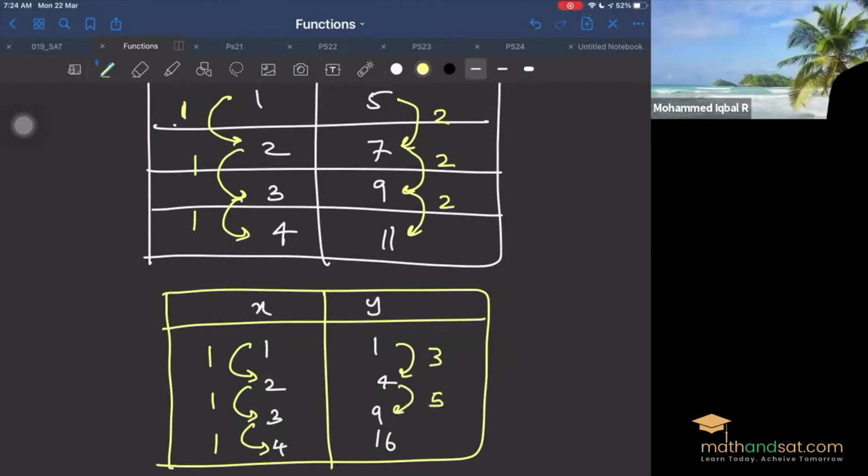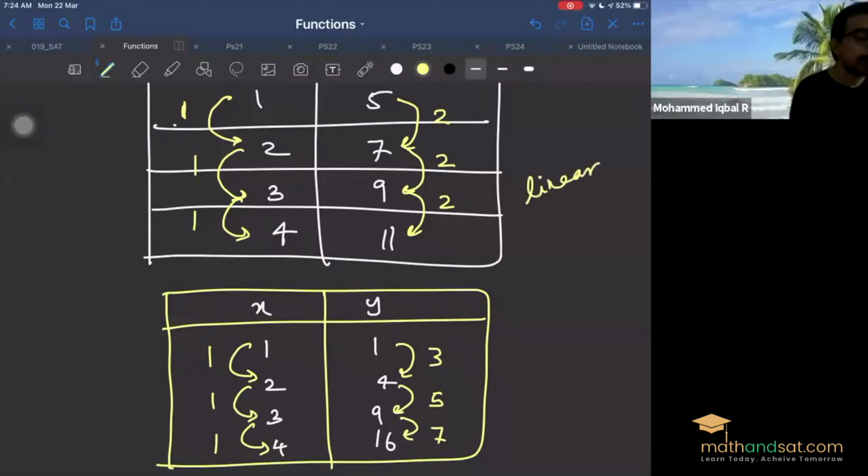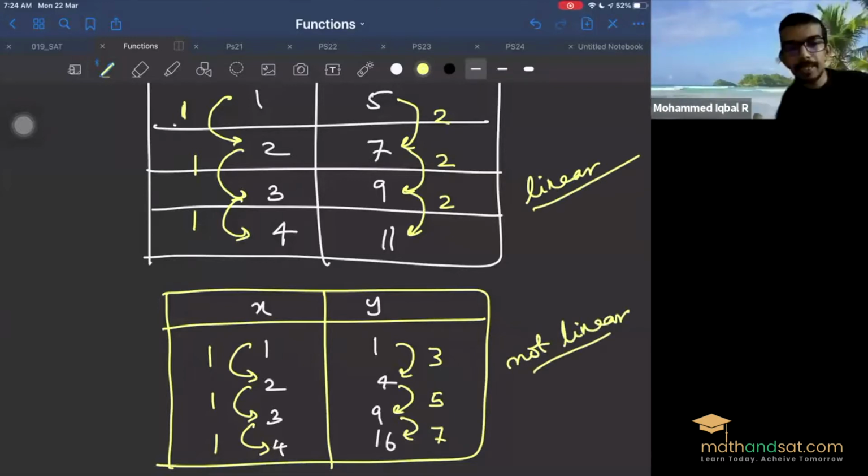See, we have 3, here 5, it's 7 here. You understand the difference? So this is linear. This is not linear. Is that clear? Clear for everyone?